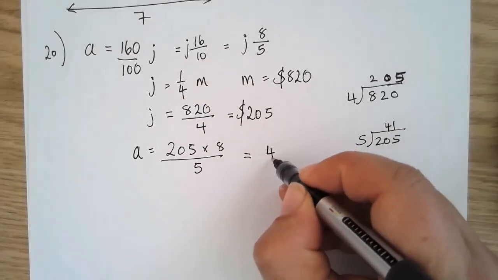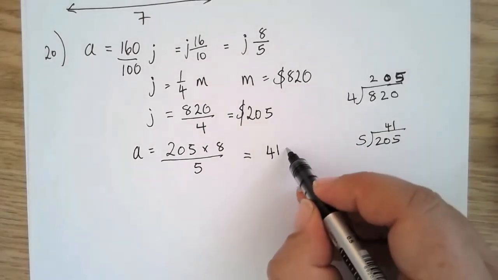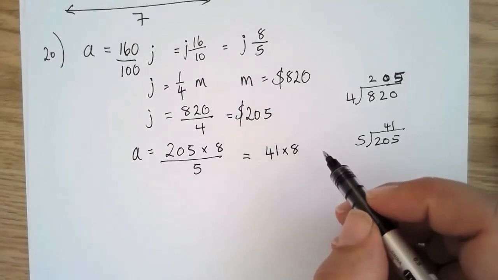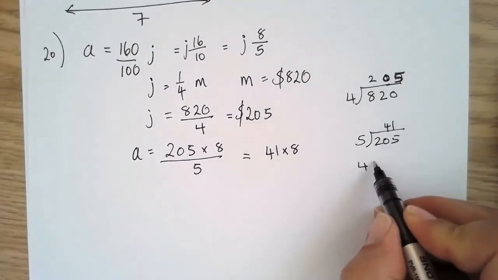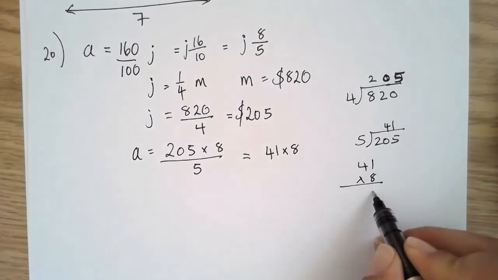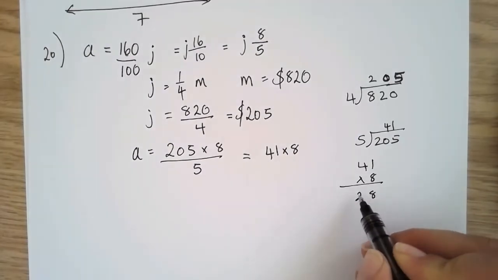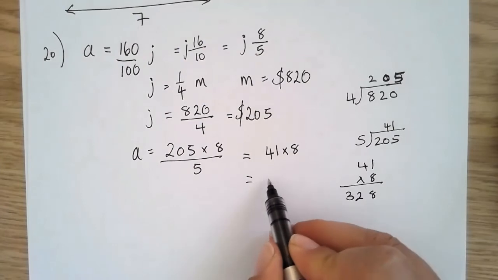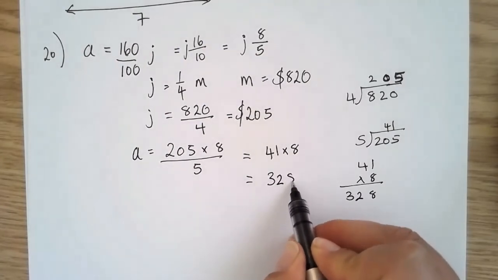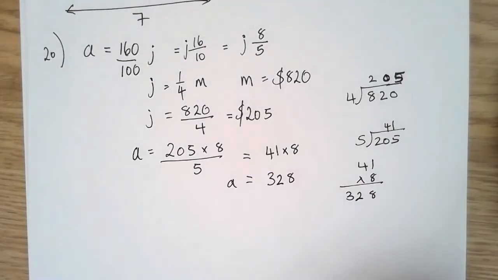So it becomes 41 multiplied by 8. So this is the amount that Anne gets.